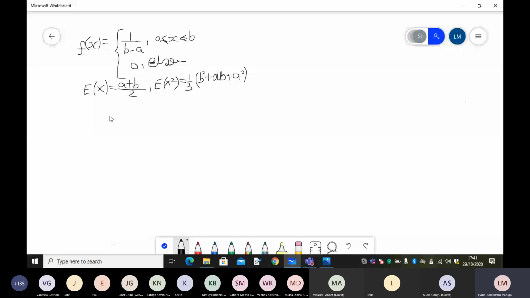So let's start with expectation of X. We are dealing with a continuous random variable, so we just integrate from a to b of X times f of X. f of X is 1 over b minus a, so I can just write it like that, of course with dx.